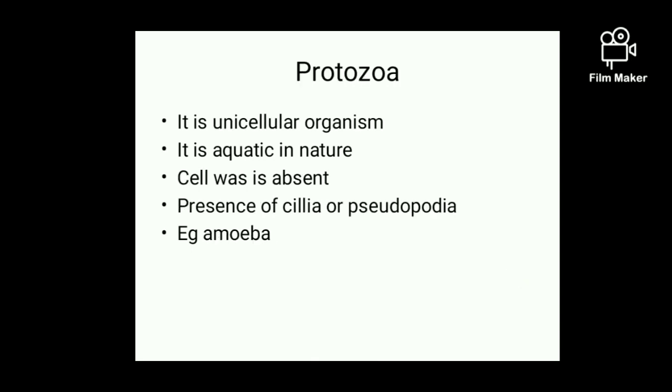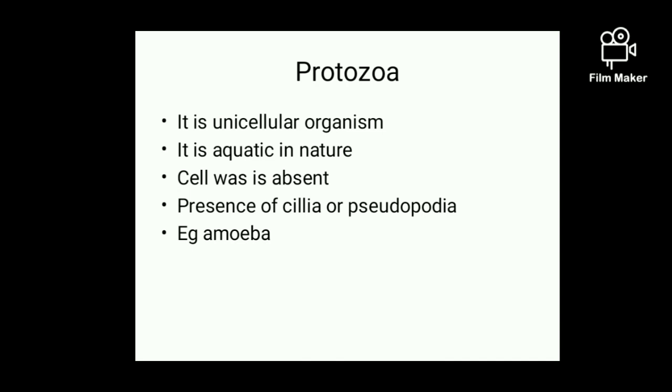Another is protozoa. Protozoa is a unicellular organism. It is aquatic in nature, means it lives inside the water. Cell wall is absent and they have cilia or pseudopodia. By the help of cilia or pseudopodia, they take food.